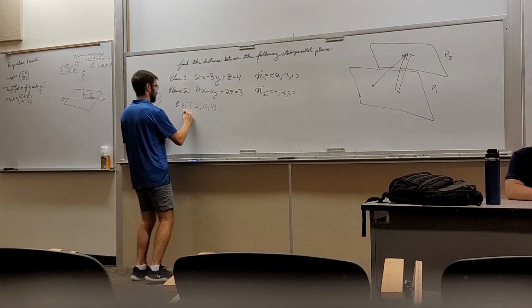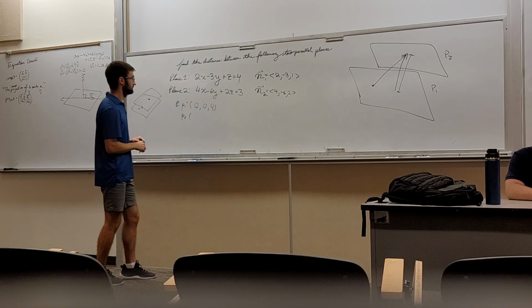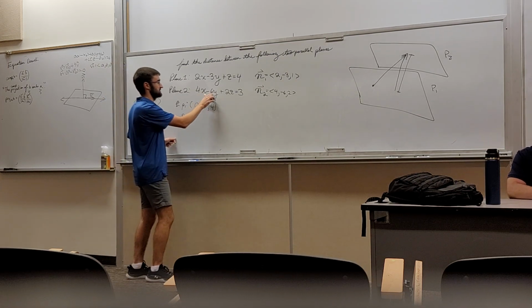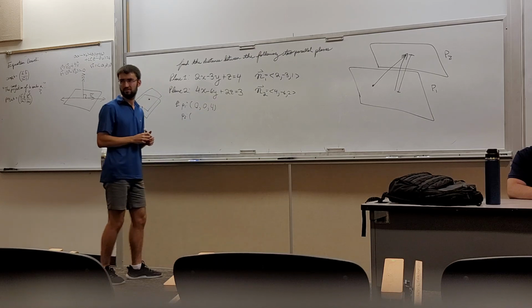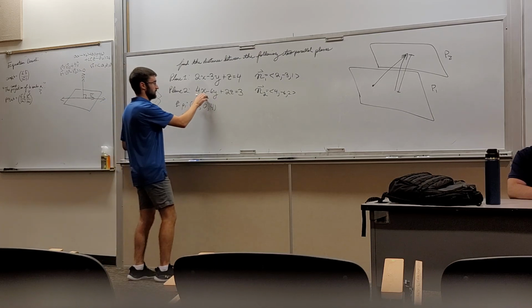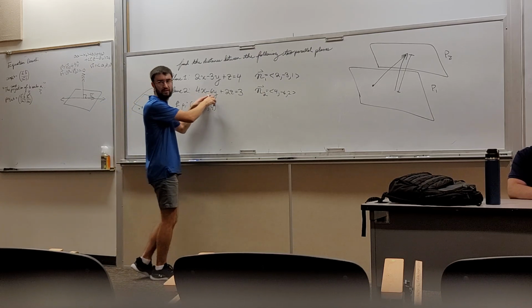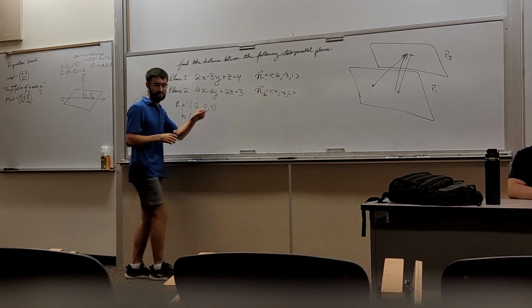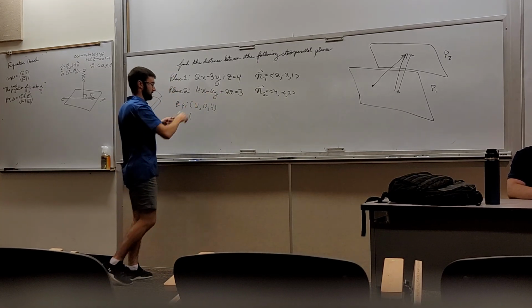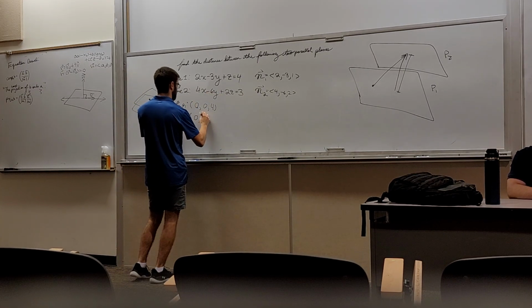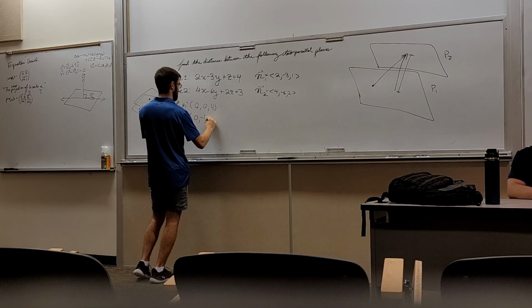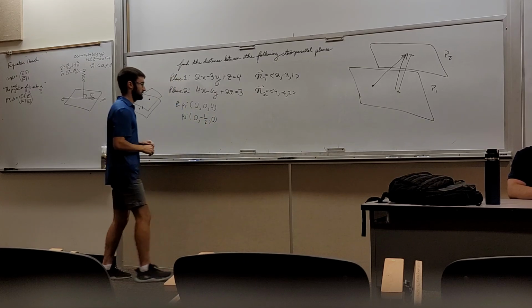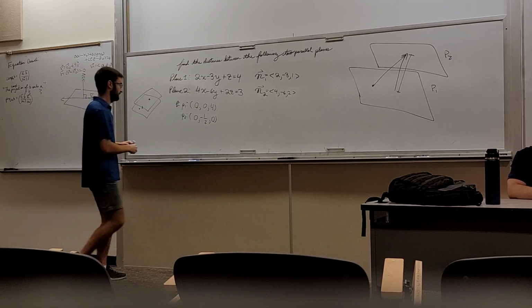And then we need a point on the other plane. Let's think about what the easiest point would be. Maybe 0, minus a half, and 0 might be a simple point. So you get 0, then minus 6 times minus a half, you get 3, and then plus 2 times 0, you still just have that 3. So we have 0, minus a half, and then 0. Now I'm going to take the displacement vector.